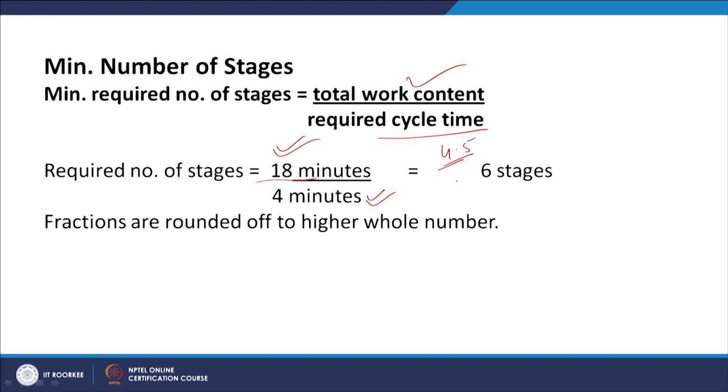So, we will be rounding off to 5 stages. So, we will have 5 stations in this case for the minimum number of stages required. If you are getting fractions, then rounding off is done to the higher whole number.